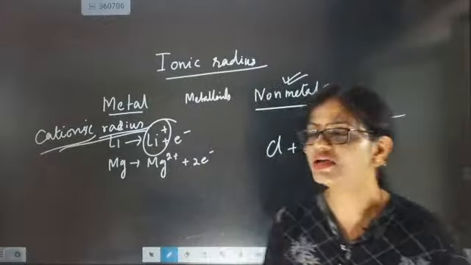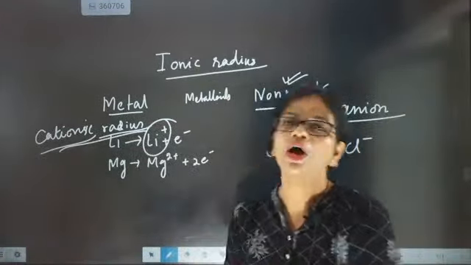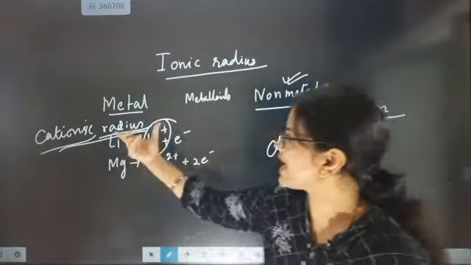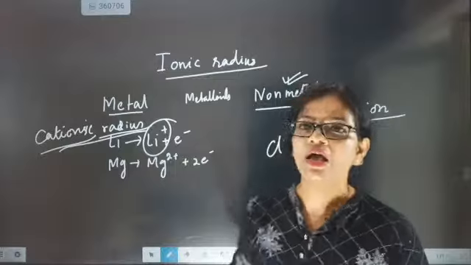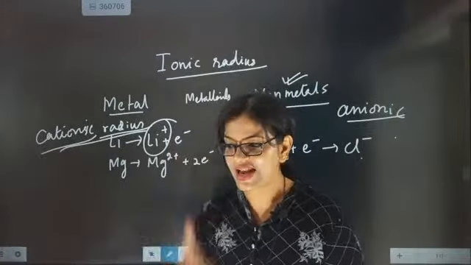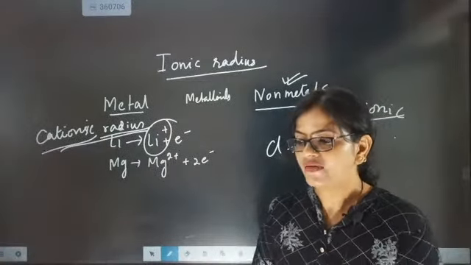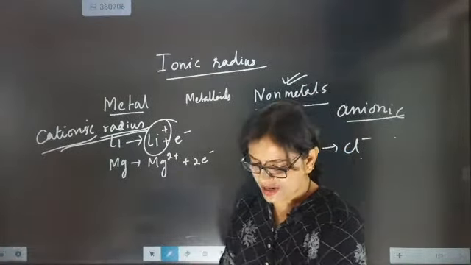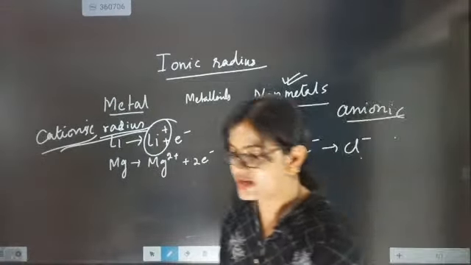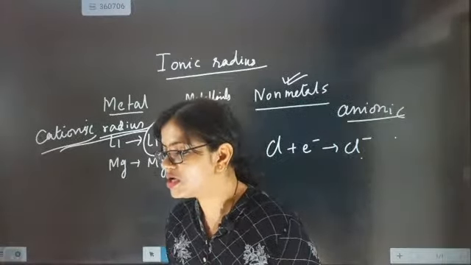So when they lose electrons, they have cationic radius. I am repeating my point: when they gain an electron, they will have anionic radius. So cation and anion, I hope you have understood.